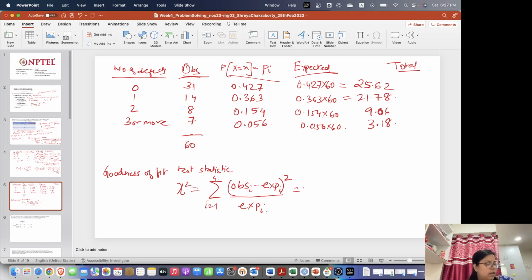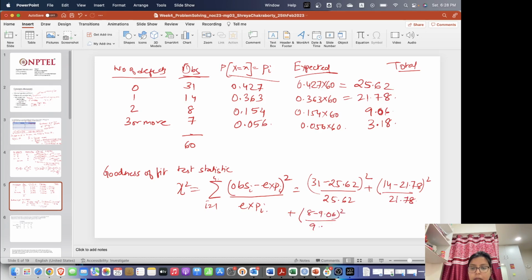So this chi-square value will be 31 minus 25.62 whole square by 25.62 plus 14 minus 21.78 whole square by 21.78 plus 8 minus 9.06 whole square by 9.06 plus 7 minus 3.18 whole square by 3.18.